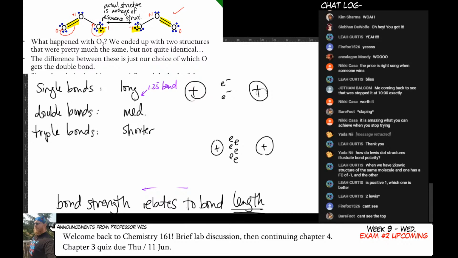And then we had the 1.5 bond, which was the 3/2 bond for ozone. So in other words, the oxygen-oxygen bond length in ozone is somewhere between a single and a double bond. And its strength would be somewhere between a single and a double bond also.